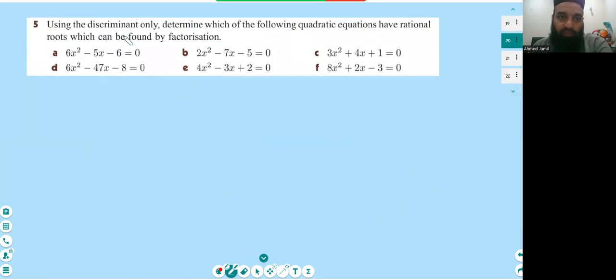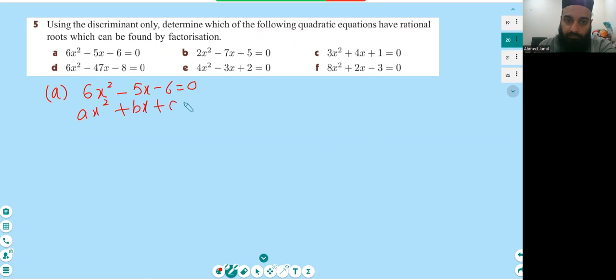Okay, next question. Using the discriminant only, determine which of the following quadratic equations have rational roots and which can be found by factorization. Rational roots. Okay. Let's see. In part A, I have 6x squared minus 5x minus 6 equals 0. Comparing with the general quadratic equation, we get A equals 6, B equals -5, right?